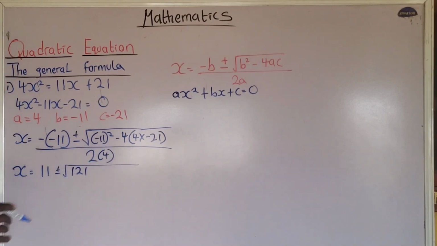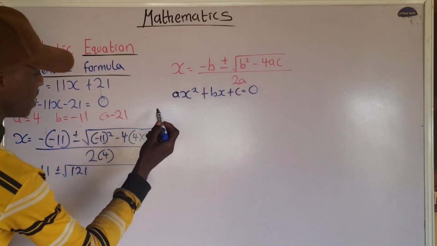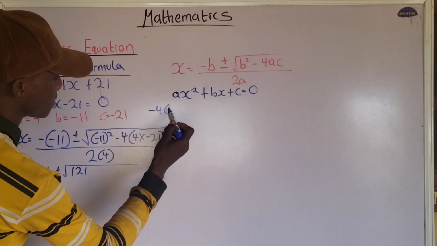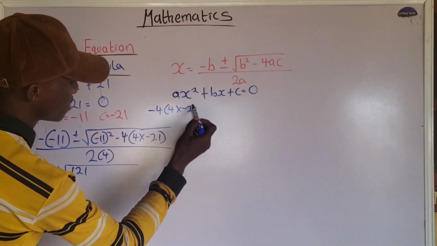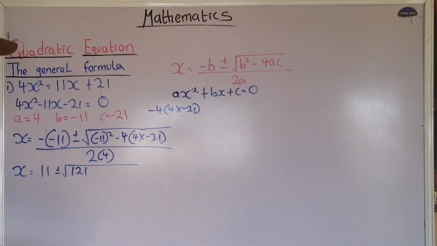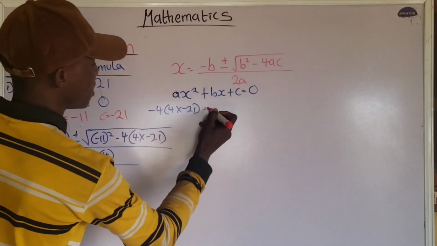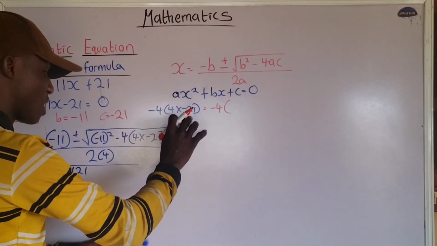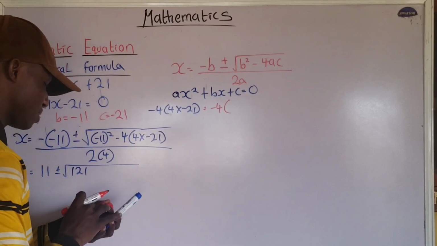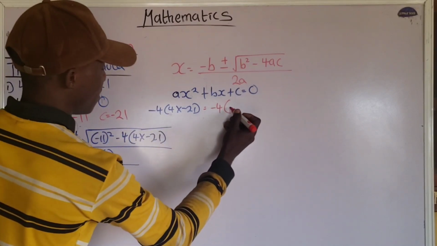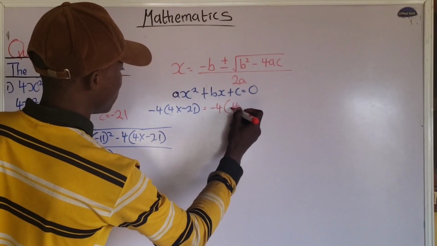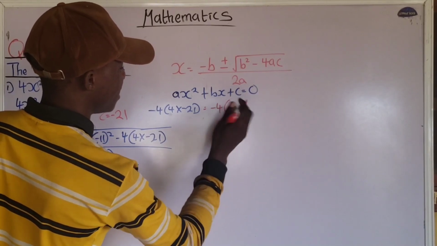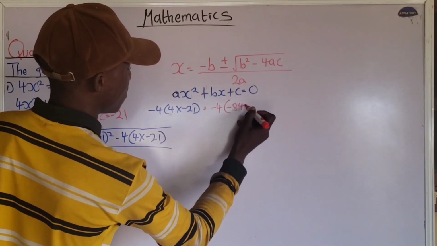Please, I want you to pay attention. 4 multiplied by negative 21 will give us negative 84. You understand? Let me quickly solve this here. We have negative 4 into bracket 4 times negative 21. Now let us simplify. 4 multiplied by negative 21 will give us negative 84.